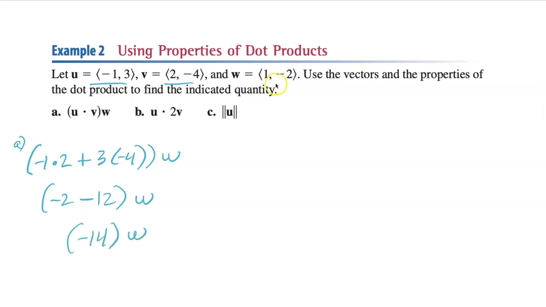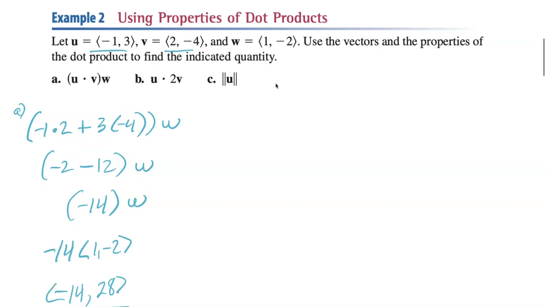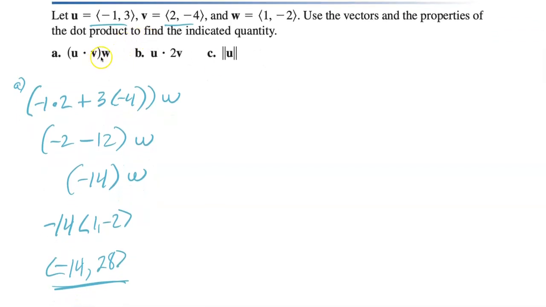Now w is 1, negative 2. So this is going to be negative 14 times 1, negative 2. So we're going to get negative 14 and a positive 28. So you do the parentheses first, and then you simplify w, and it's just a number times a vector. So you make it bigger.